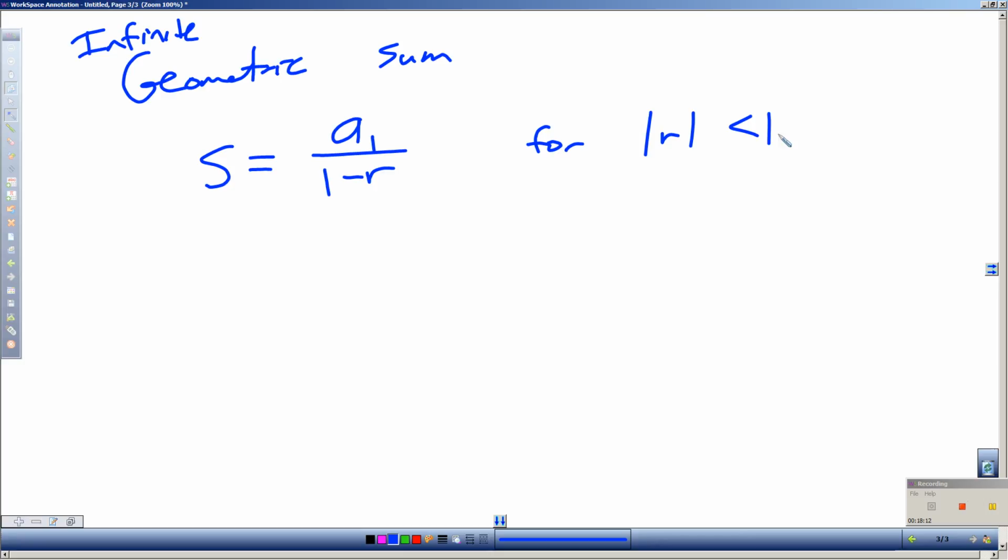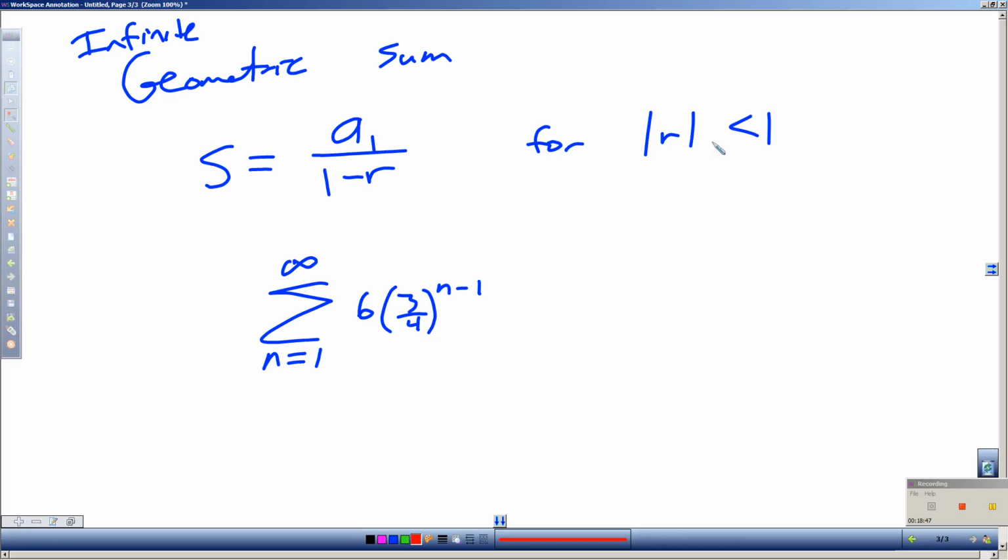But if it's less than 1 and above negative 1, we can use it. So for example, let's say this is 6 times 3/4 to the n minus 1. What is the common ratio? 3/4.